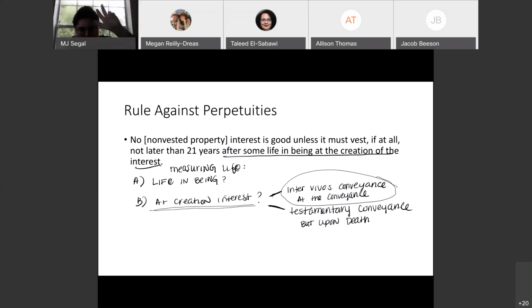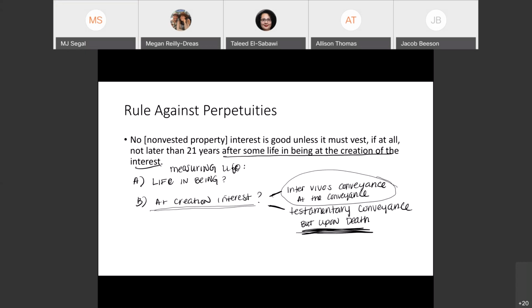But in your workbook, it made the distinction between an inter vivos conveyance and a testamentary conveyance. And when you take wills and trusts after this course at some point, or if you get a question like this on the bar exam, the interest is not created until death.